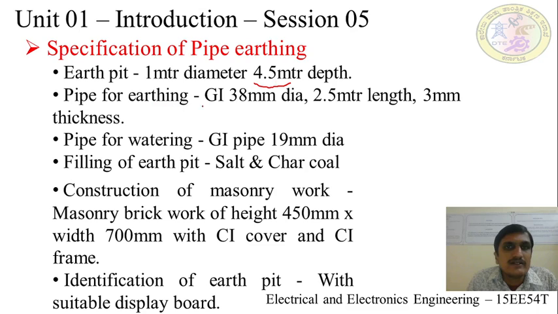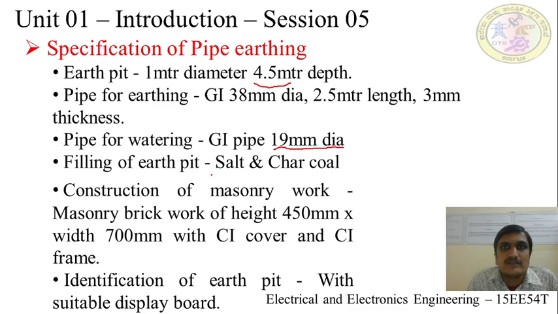Pipe for earthing, as considered in the diagram, is a galvanized iron pipe of 38 mm dia with 2.5 meter length and 3 mm thickness. Next, pipe for watering, that is also galvanized iron pipe, of 19 mm dia.